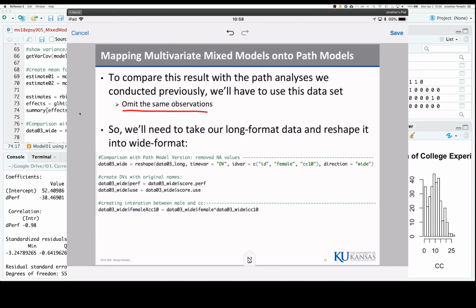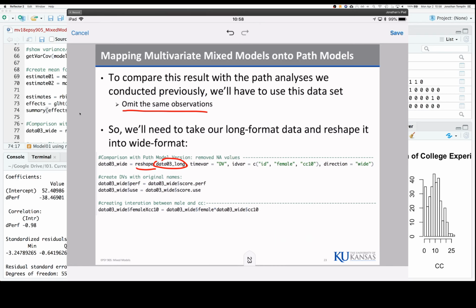So we have to figure out which observations we kicked out for this mixed model analysis, and then kick those out of the path model analysis data as well. One way to do that is just take the data set we used for the GLS function, data 03 long, and make it wide again.